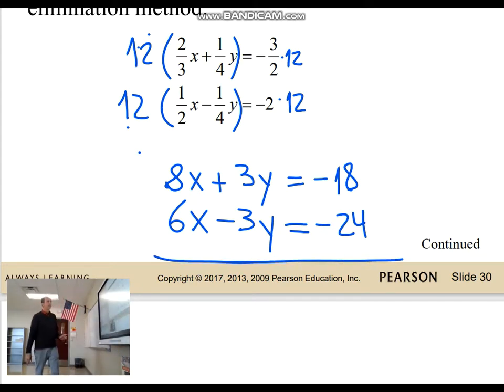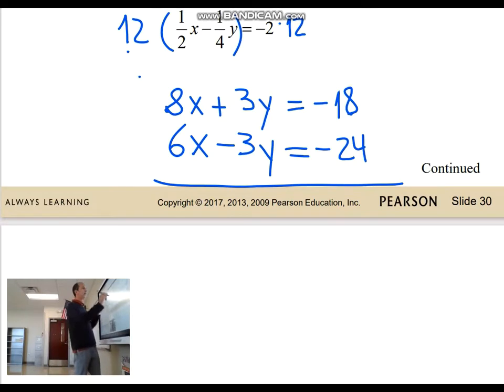Great. Check this out. If you look at those equations, you're going to see that y has the same number as the coefficient, but with opposite signs. That means after we add, we will simplify. Positive 3y minus 3y, 0.